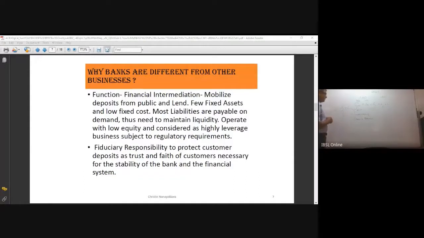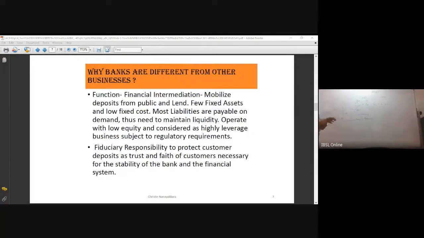So to meet this requirement of the regulator, we'll say out of this 90, 7 has gone to cash, 14 has gone to your investments. So the balance, which is 69, consists of all credits you have granted to your customers, entire loans and advances.